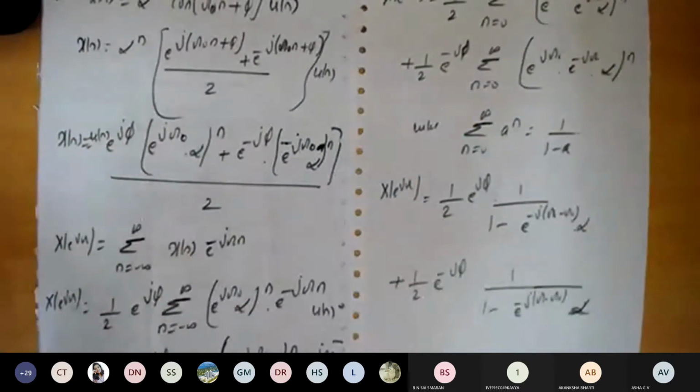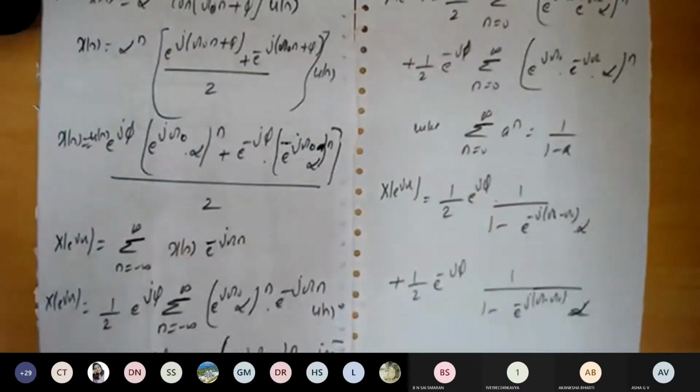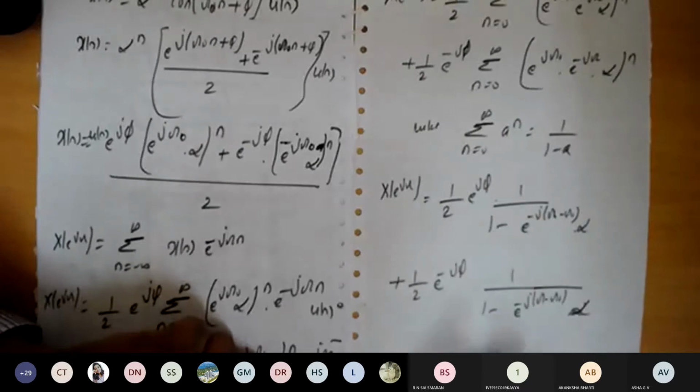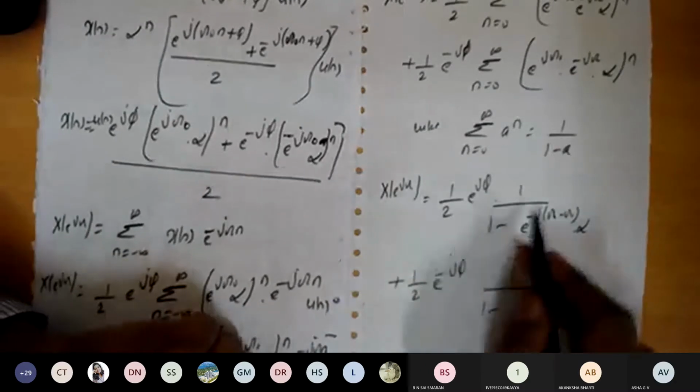Now can we convert this into any other term? Here you can see the denominator is common in both. The remaining term is e to the power of j5 plus e to the power of minus j5 divided by 2. We can convert this as cos phi, because the terms are common.